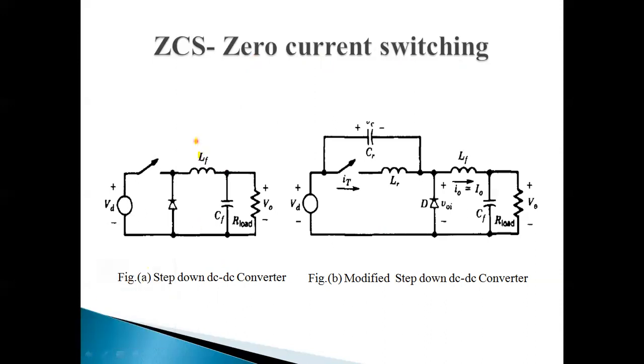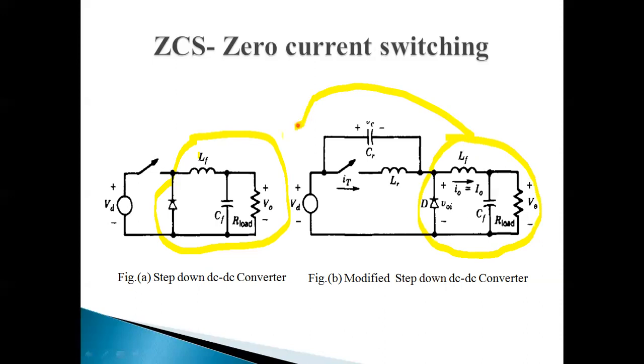If you consider this circuit and this circuit, you can see here that both the circuits are the same, only this part, but this part in both the circuits is the same. Then what is the modification?